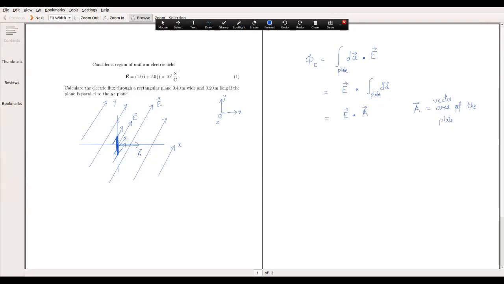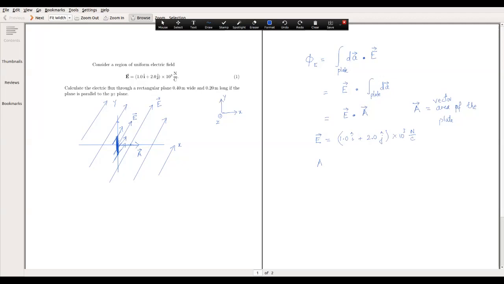So the flux is a quantification of that quantity. This is a dot product. So electric field is equal to 1.0 i hat plus 2.0 j hat times 10 raised to 3 newtons per coulomb. So it's your electric field.